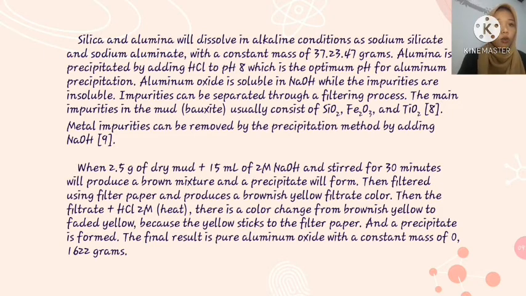The main impurities in the red mud or bauxite usually consist of SiO2, Fe2O3, and TiO2.